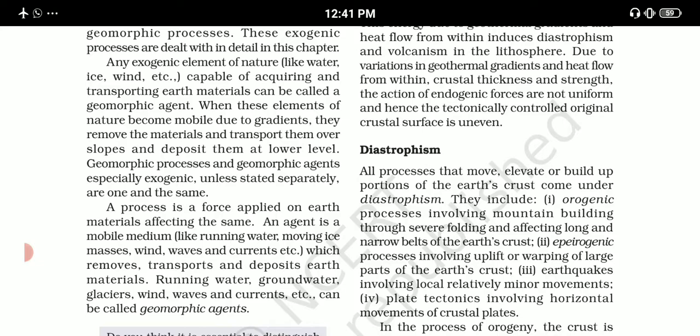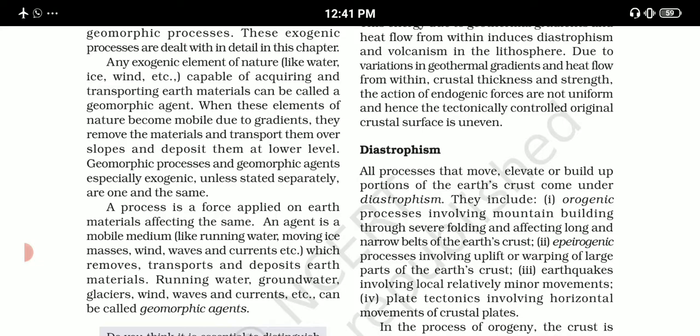Third that we say, earthquake is also involving local minor movements, and the fourth is plate tectonics.